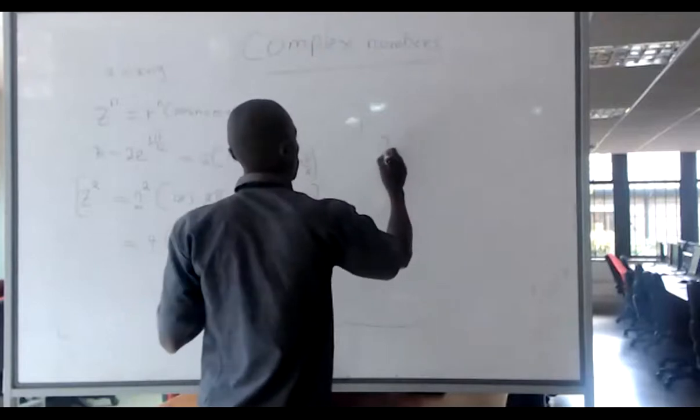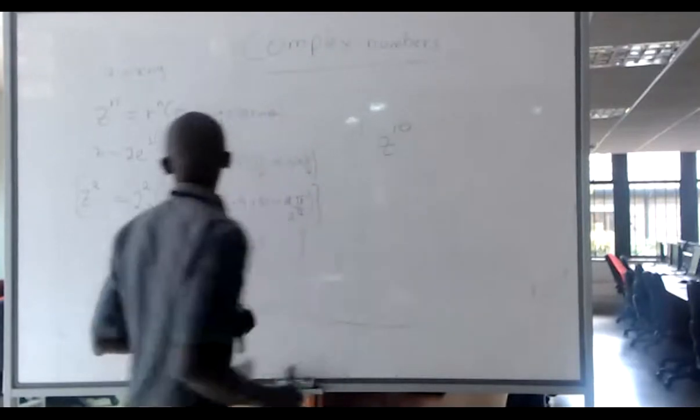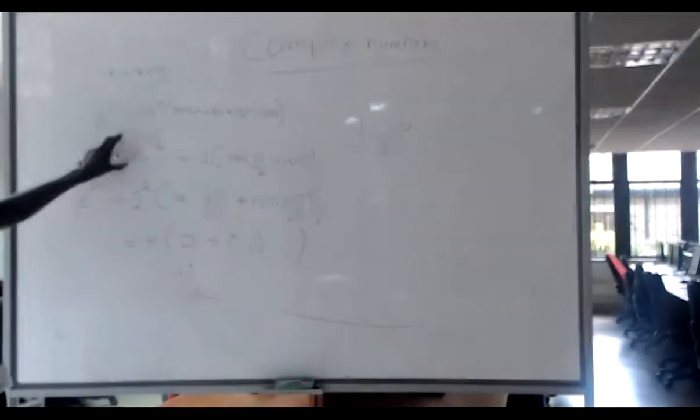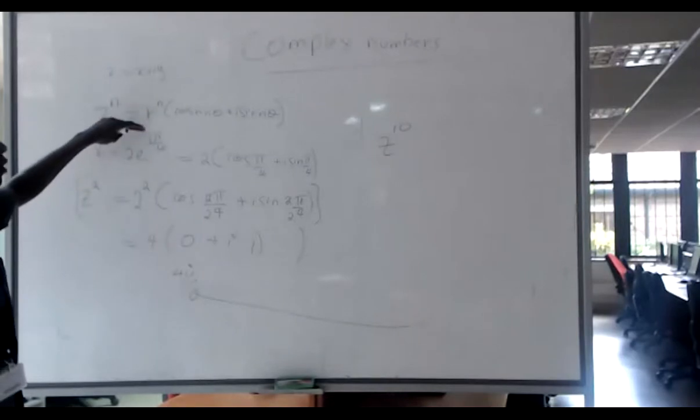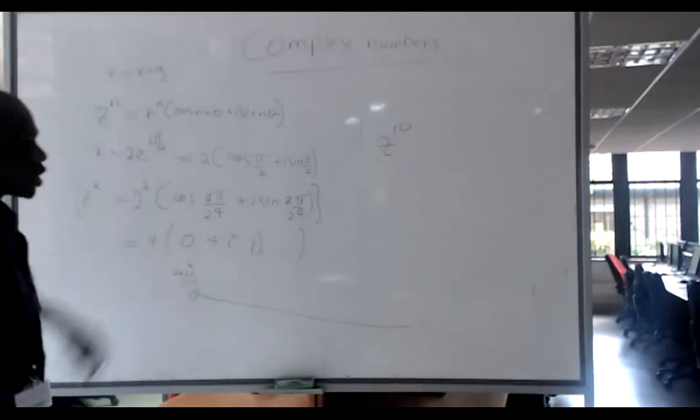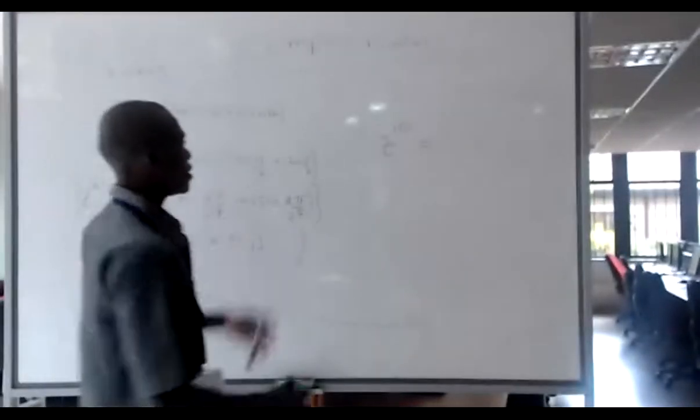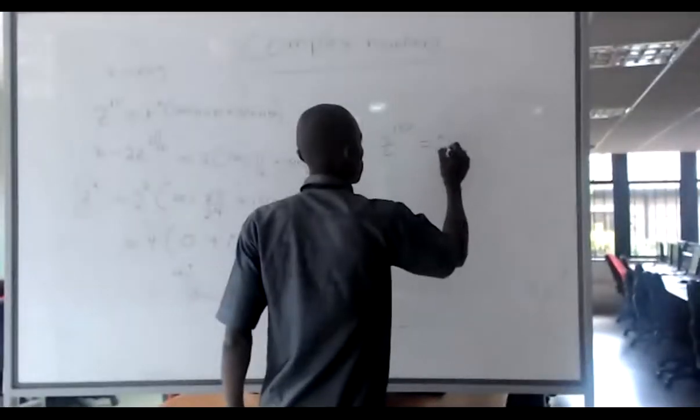Let's say you want to compute z power 10, where z is 2 exponent i pi by 4. What does the theorem say? Raise r to n, in this case 2 raised to 10.